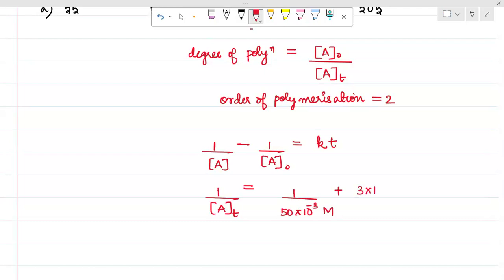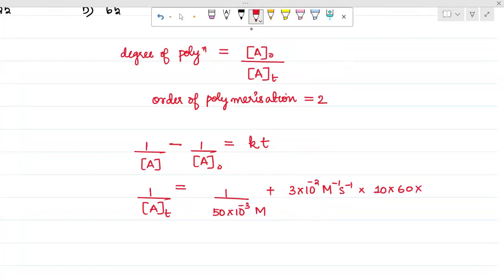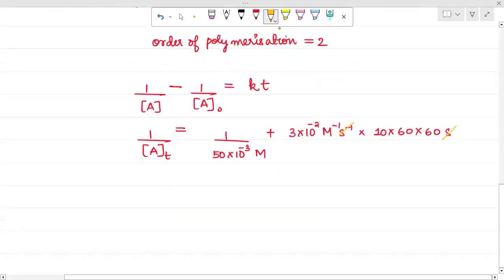Rate constant is 3 into 10 to the power minus 2 per molar per second, and you have to multiply it with time, but the time is given in hours, so you have to convert it into seconds. So 1 hour is 60 minutes and 1 minute is 60 seconds. So this many seconds, correct? So per second and second gets cancelled.